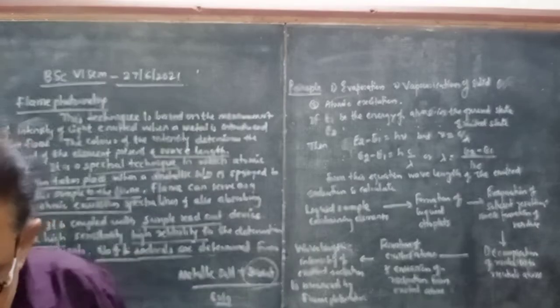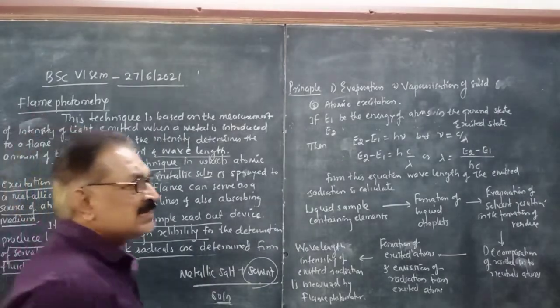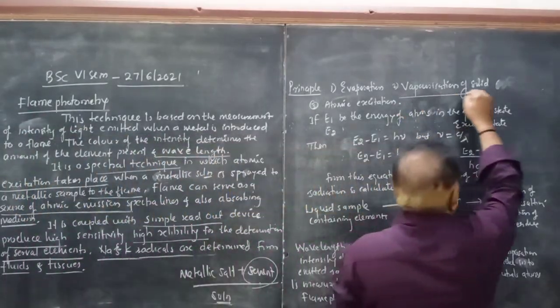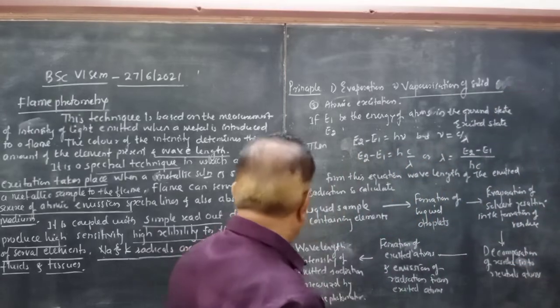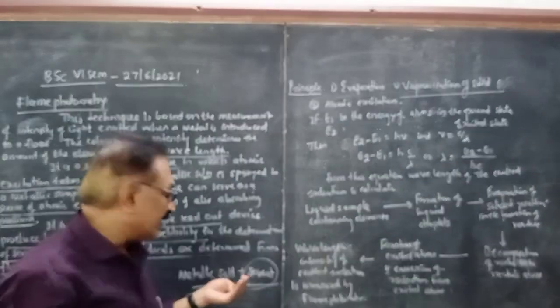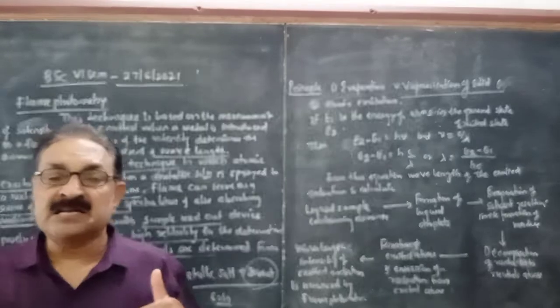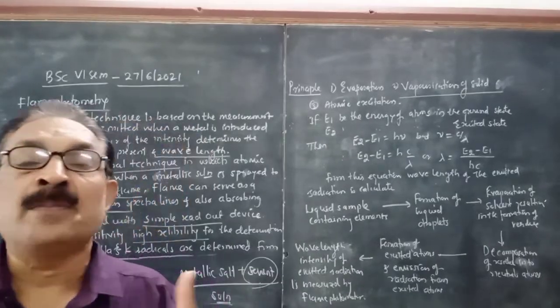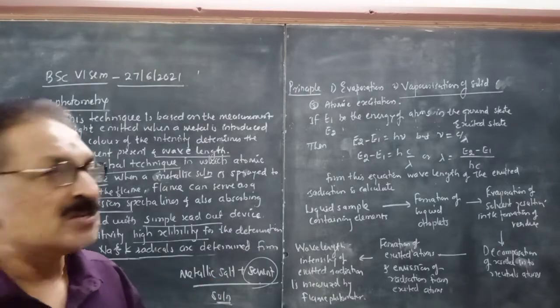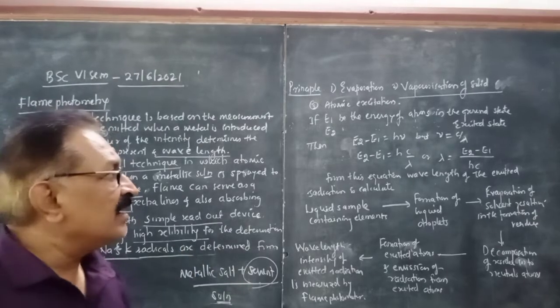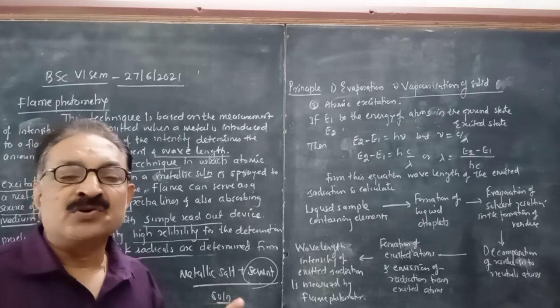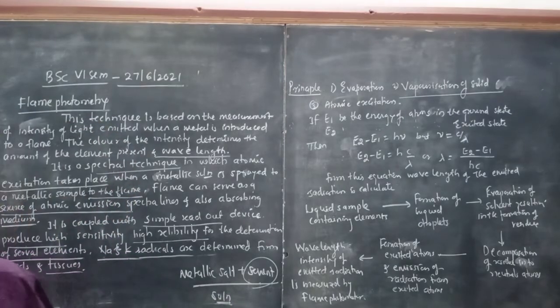The second one is vaporization. What is vaporization? Whatever residual metallic salt is left there is vaporized, that is, the solid is converted into the form of vapor. That process is called fusion. Whatever solid residue is left behind is vaporized.